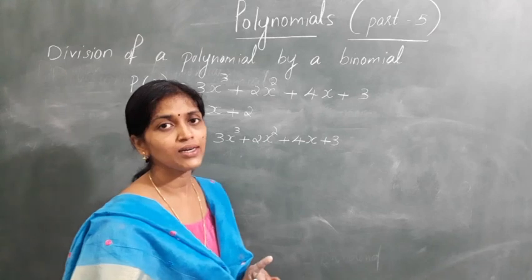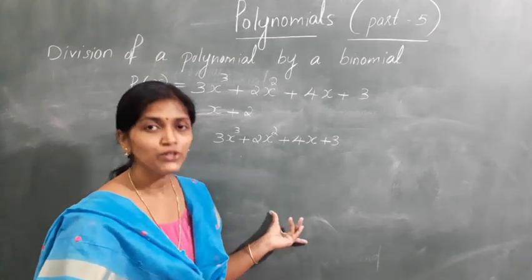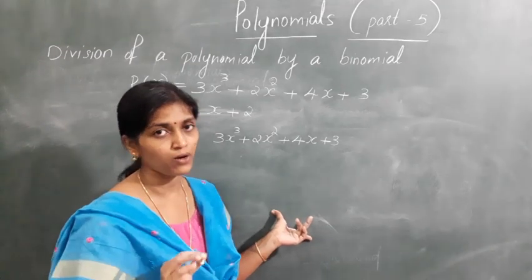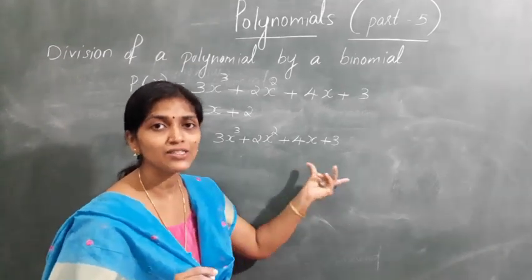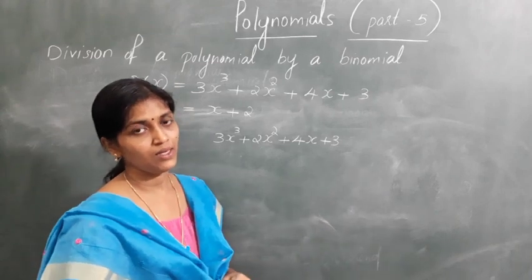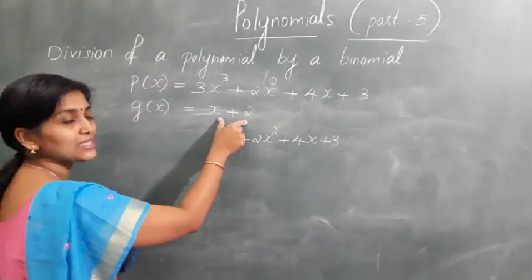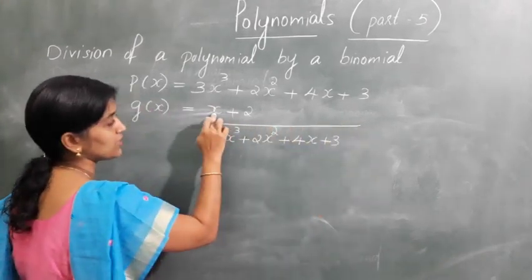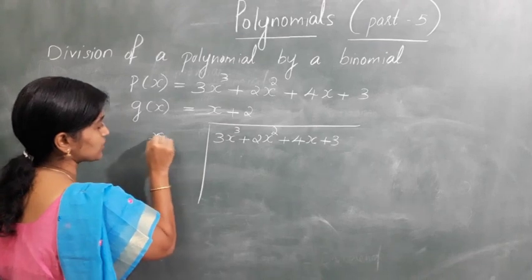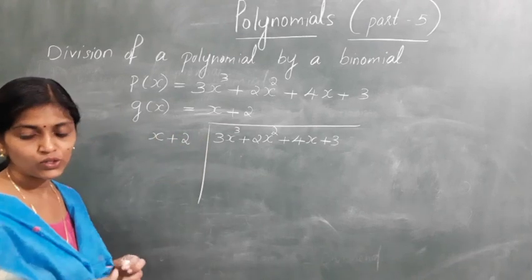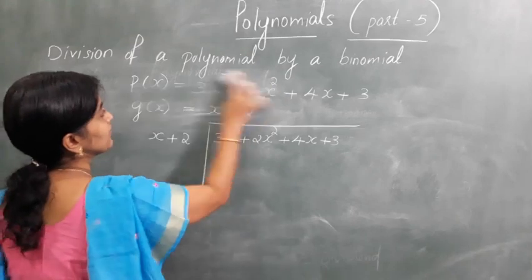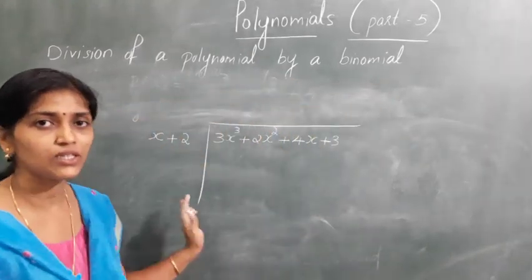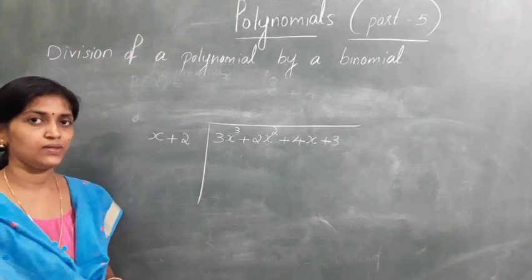So when you write the polynomial to divide, the first step is you have to write it in the standard form, writing the polynomial in the decreasing order of the degree. Okay. The divisor also you must write in the standard form. So here it is already in the standard form, that is x plus 2. Okay, I am going to wrap it because we will not have enough space.